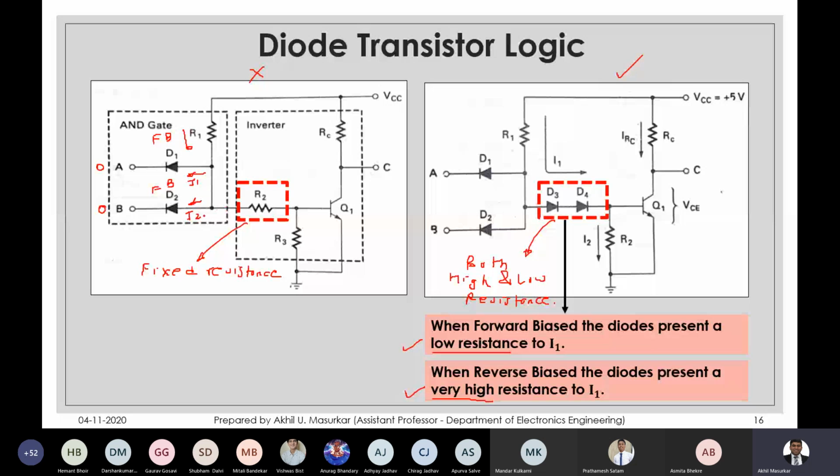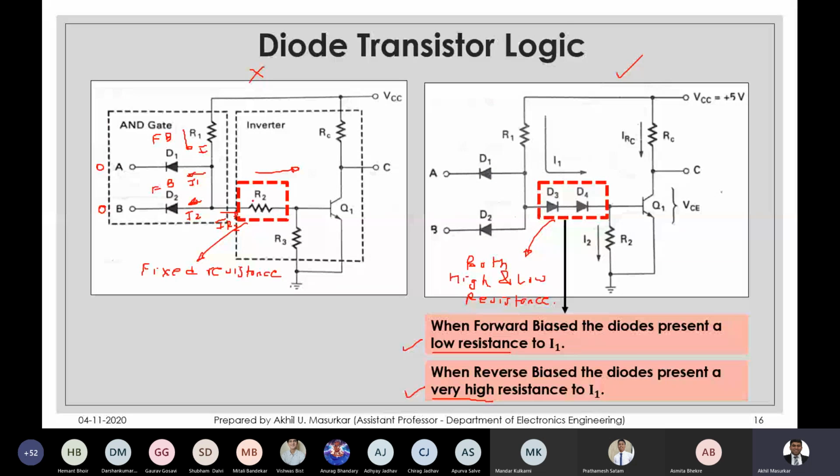So the current I is not supposed to flow through this. When you don't want this I to flow through the diode, still there is a resistance R2 here, right? This I can get divided into I1, I2 and IR2.